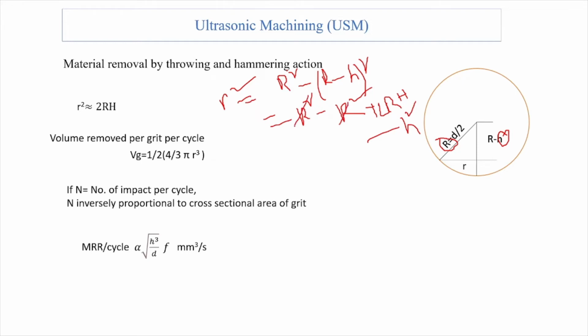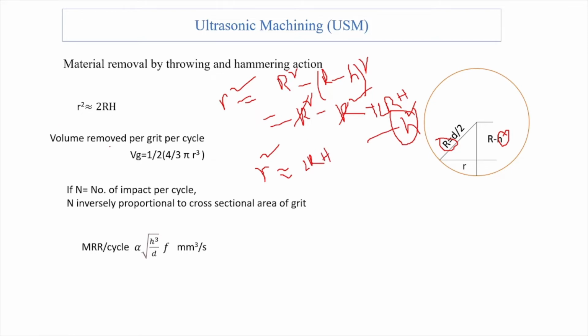We can cancel out the R square, and what is left is 2Rh minus h square, but we can ignore the h square term as it is very small with respect to 2Rh. So we can write that r square is approximately equal to 2Rh, okay.